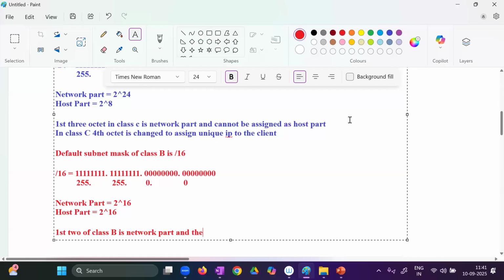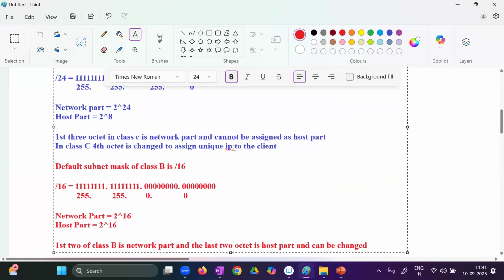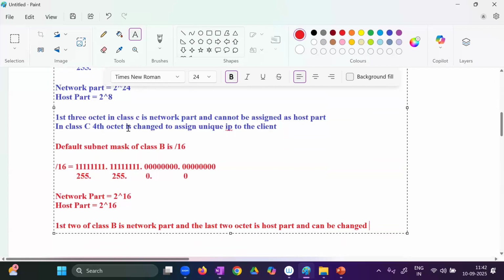And the last two octets are the host part and can be changed. So in class C you have only one option to change, the fourth one. Here you have two options, third also, fourth also. That's why compared to C, B is a larger network.